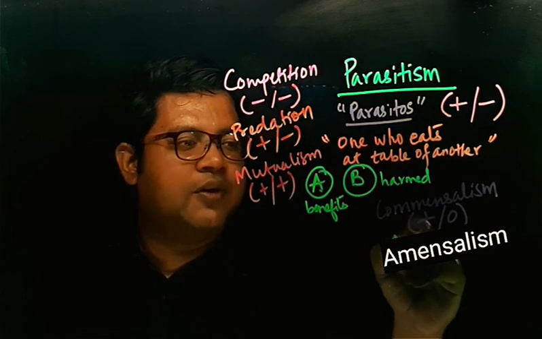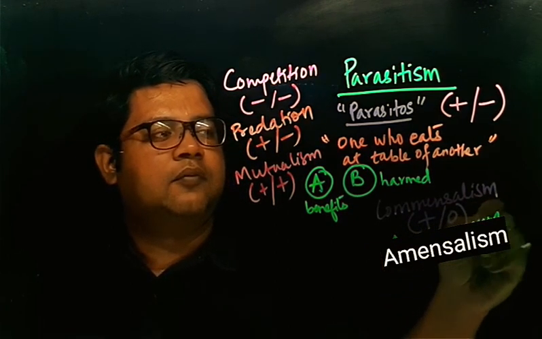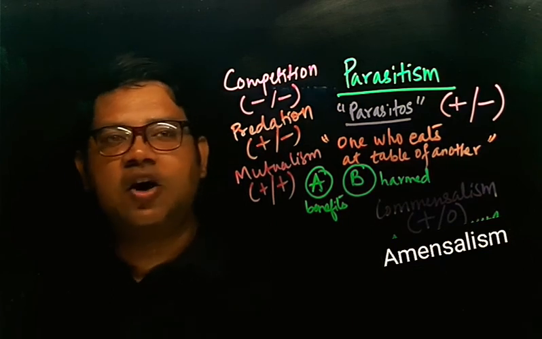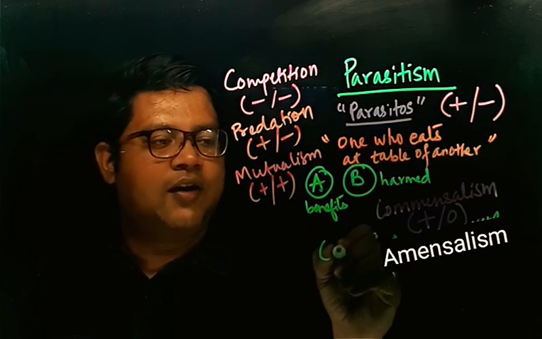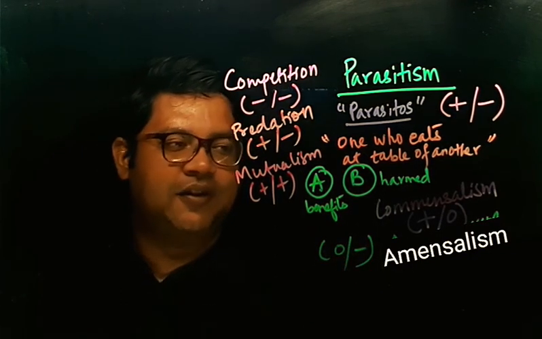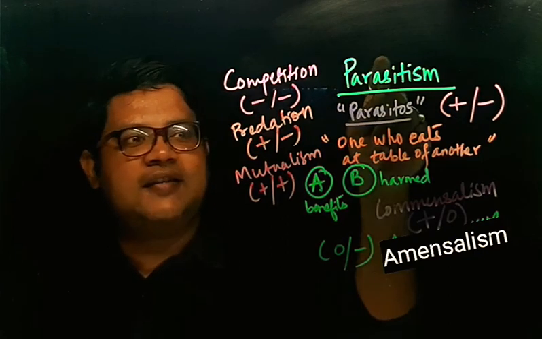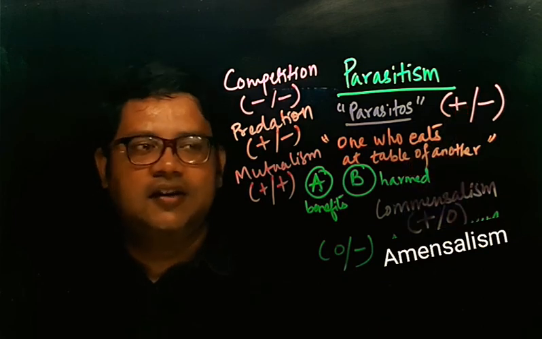Then I also mentioned amensalism. Amensalism is the opposite of commensalism, where one is neutral and the other is getting harmed. And last is parasitism, where one species is getting benefited and the other is getting harmed.